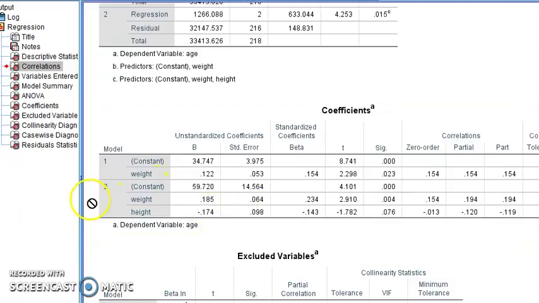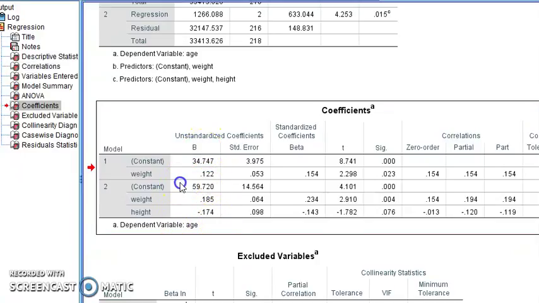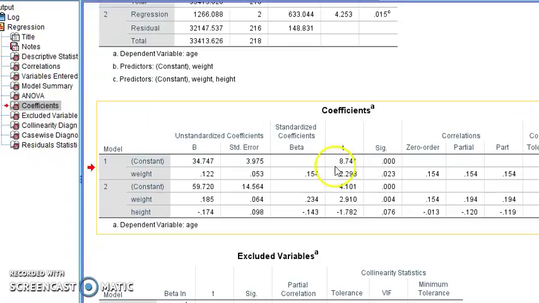So if we're looking at analyzing this linear regression equation with age as our output and weight and height as our inputs, right here in our unstandardized B gives us our equation, and gives us our coefficients for our variables in our equation, and I'll show you that in a minute.